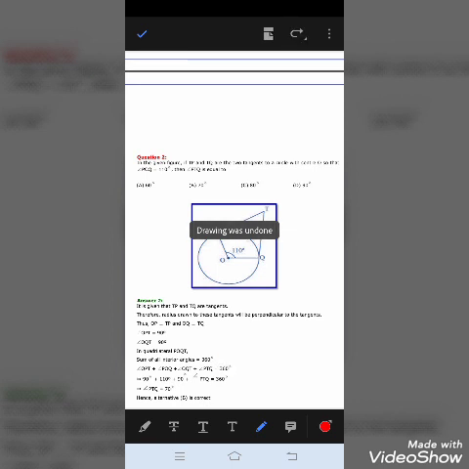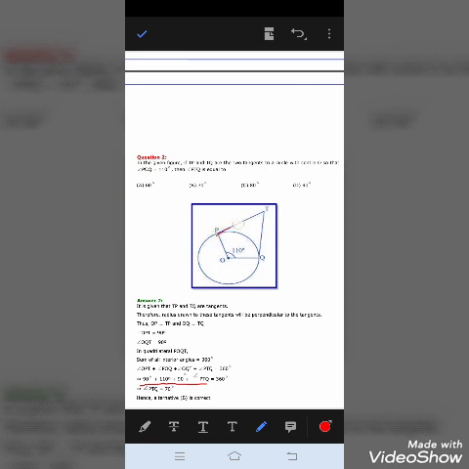By substituting the values, as OP and OQ are perpendicular to PT and QT, these are nothing but 90 degree, and POQ is already given as 110. The only remaining part is PTQ.